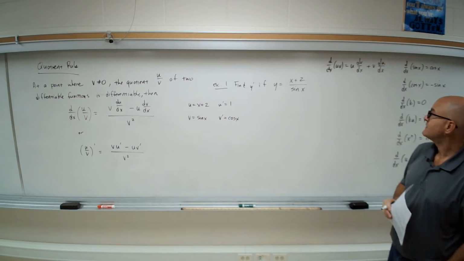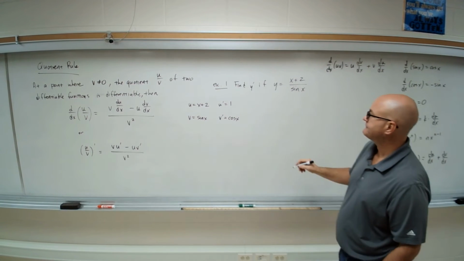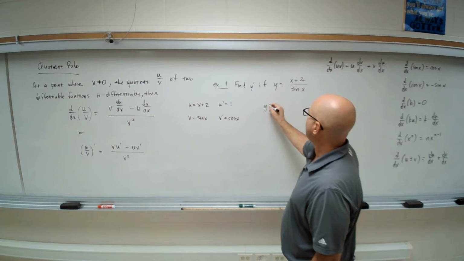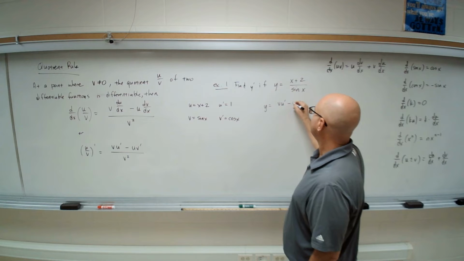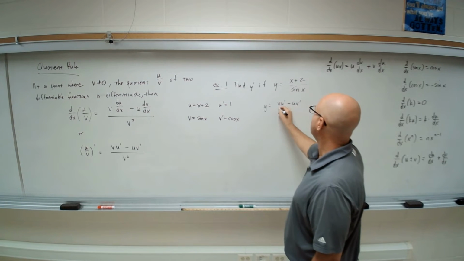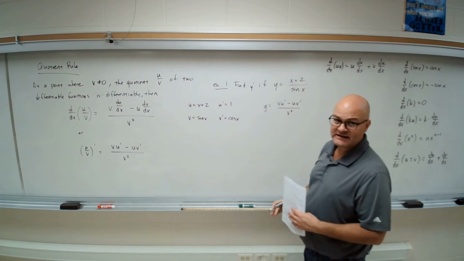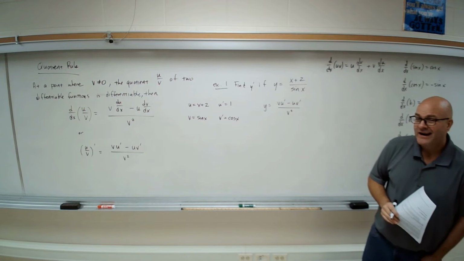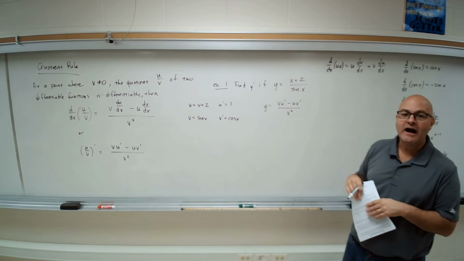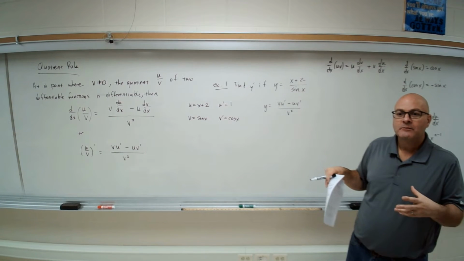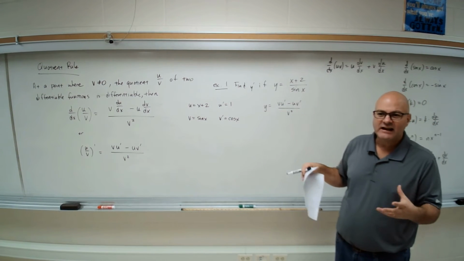And then to find our derivative, again, y prime equals v u prime minus u v prime over v squared. A way that I remember it: I know that this top looks kind of like the product rule, but it's got a minus in it. Like I can remember that.